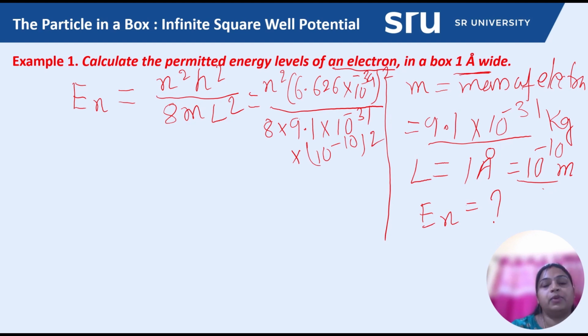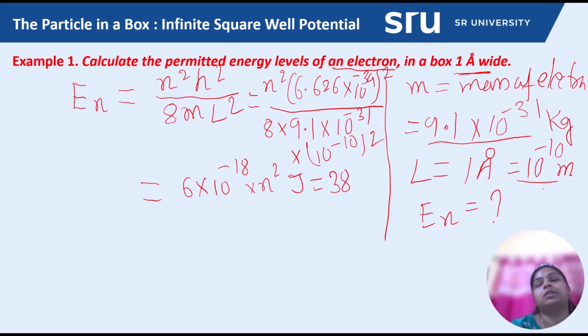So if we simplify it, we can get this equal to 6 into 10 power of minus 18, and also we have this n square. So this is basically joules, or we can write it as approximately 38 n square eV.